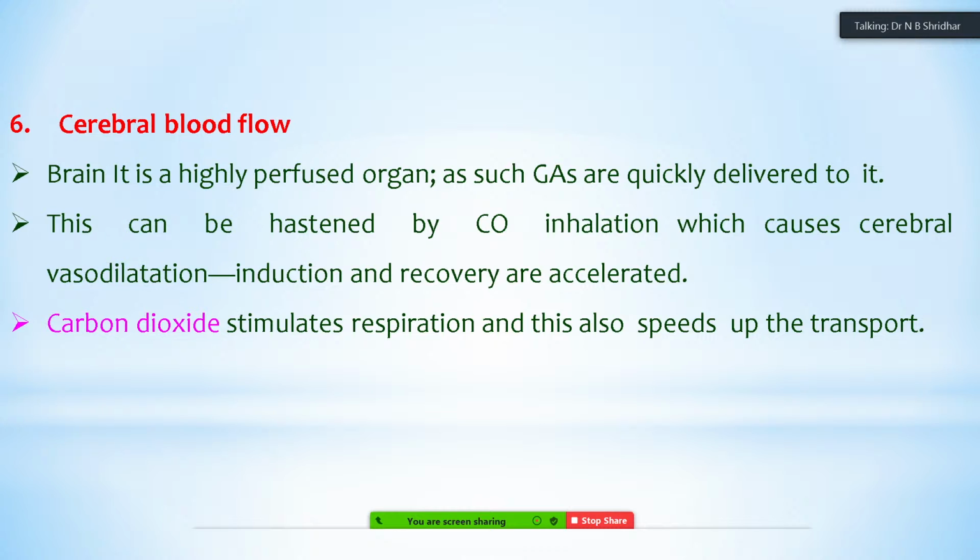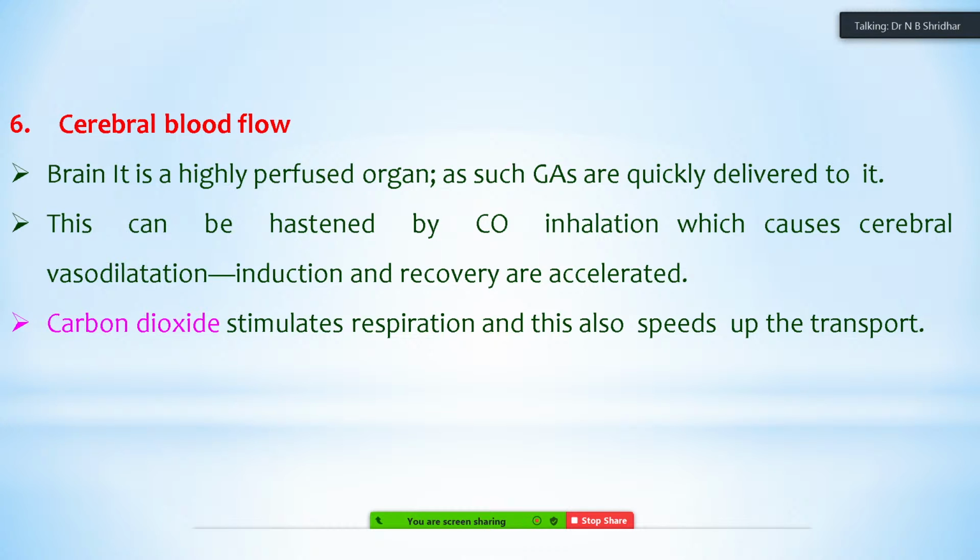The brain is a highly perfused organ, meaning it is one of the organs to which a high quantity of blood is pumped from the heart, and hence general anesthetics are quickly delivered to it immediately after administration from the lungs.